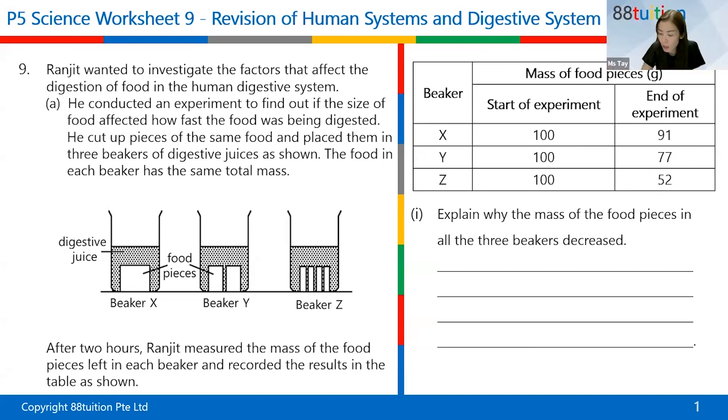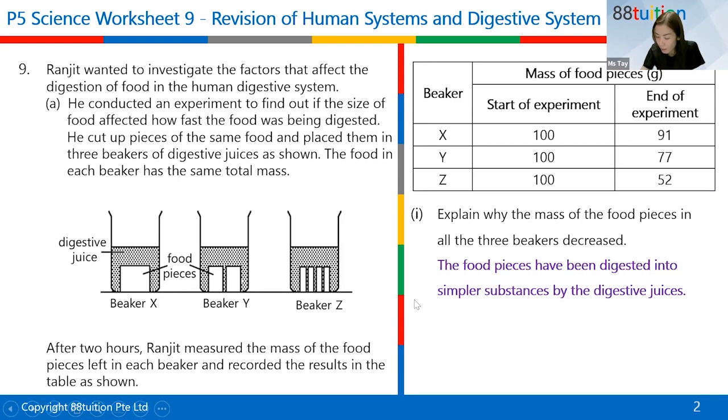Okay, so you're talking about the food pieces being digested. In that 2 hours, they have been digested, right? So while it is digested, each of the food pieces will actually decrease in mass. That's right. If you look at the answer, it's a very straightforward answer. They only ask you for the reason why the mass actually decreased.